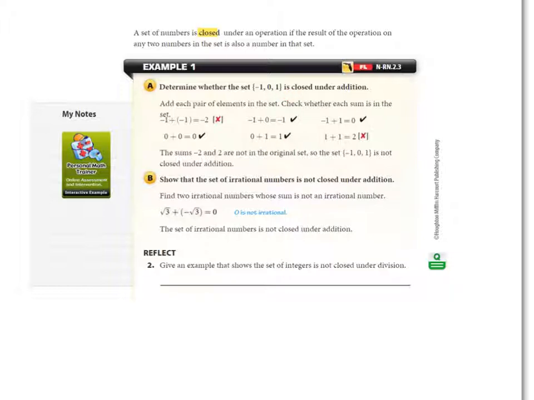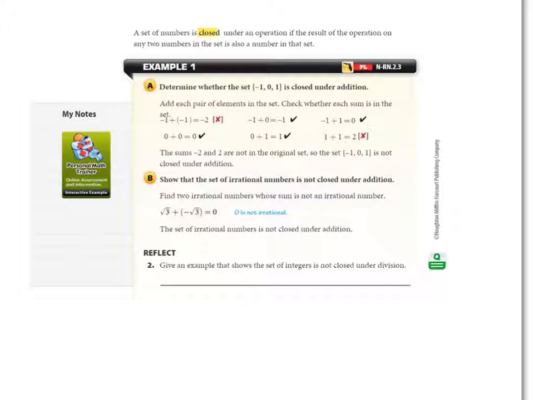Well, you've already done -1 plus 1. You've already done 0 plus 1, so all you have left to do is 1 plus 1. Well, if you notice, when they did that, they got a -2 here and a +2. Neither one of these is located in the original set, which means this is not closed.